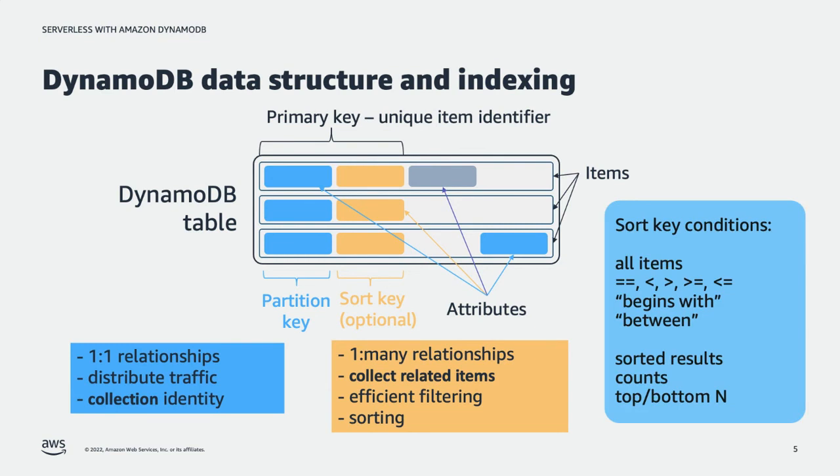We can then retrieve items from that item collection using conditions on that sort key value. It's a very powerful way to add this filtering. We can say how many of those items we want. We can get them back in forward or reverse sorted order, and we can just retrieve the number that would match that pattern.